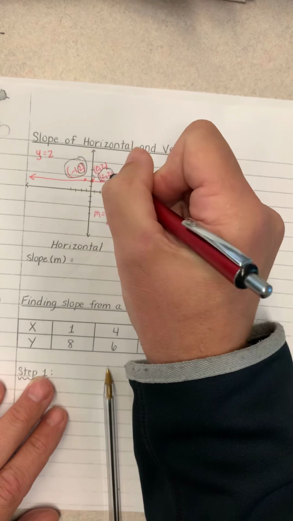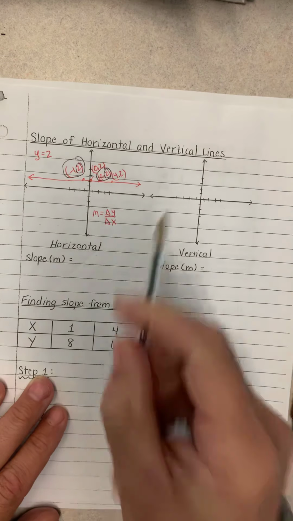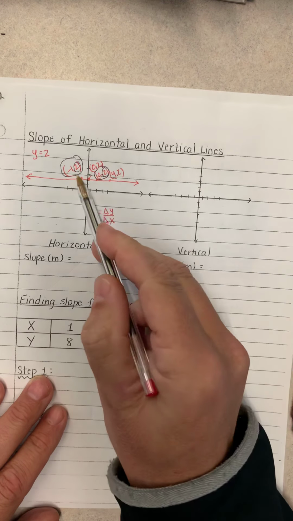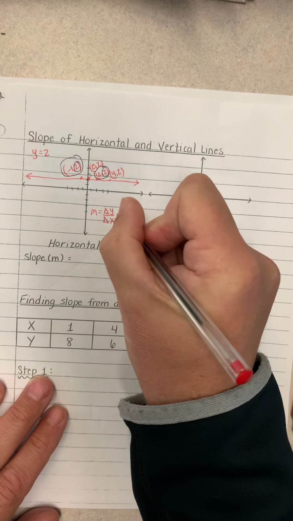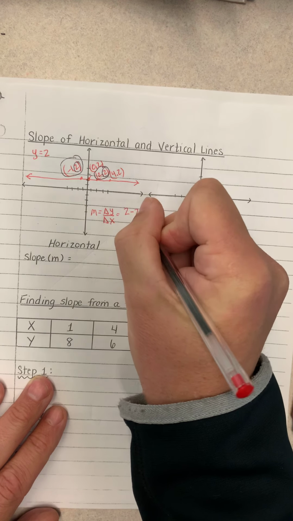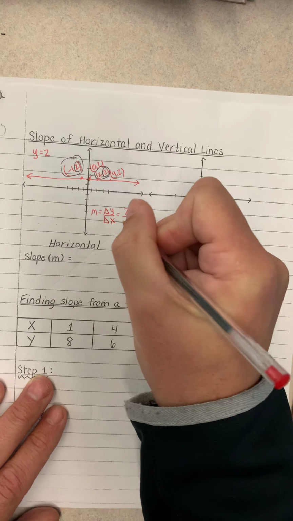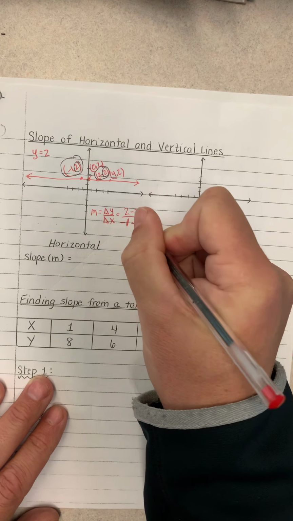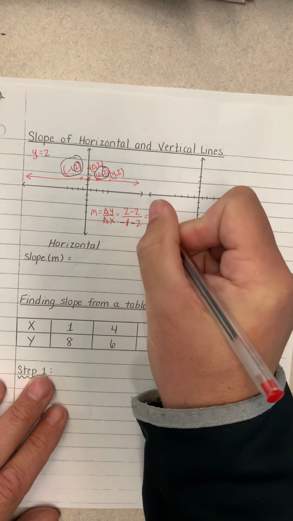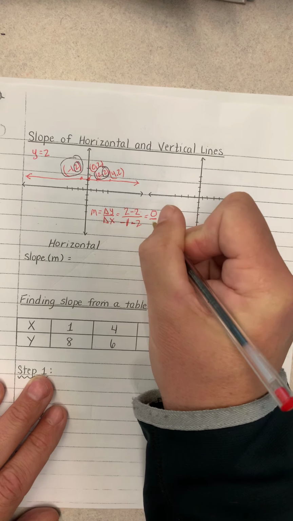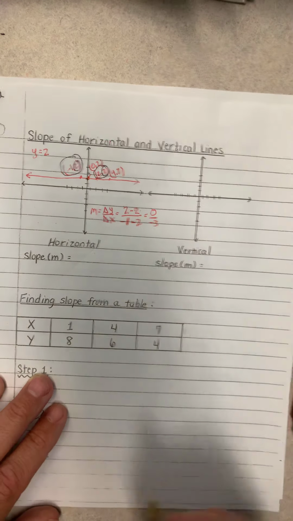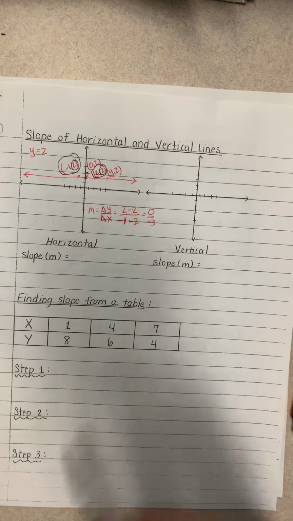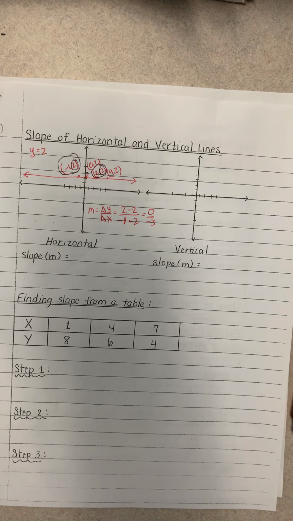Circle your y's and subtract them. There's my y's. And if I notice, your y's are always the same. 2 subtract 2 divided by, subtract my x's, -1 subtract 2. 2 minus 2 is 0, divided by -3. Now when you put that in your calculator, hopefully you know that 0 divided by any number is 0.